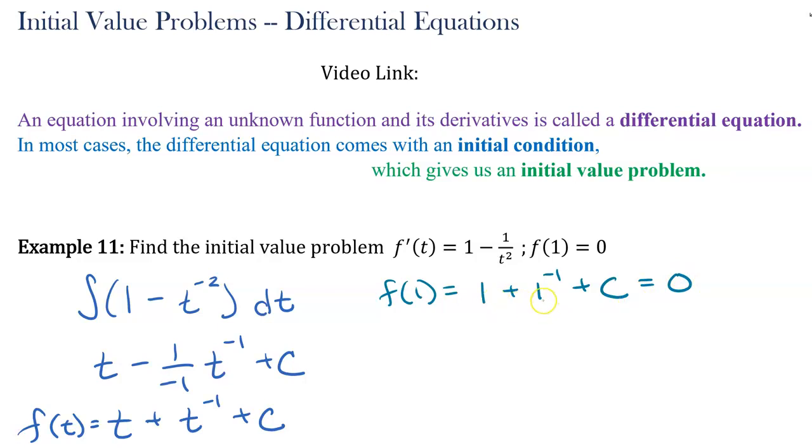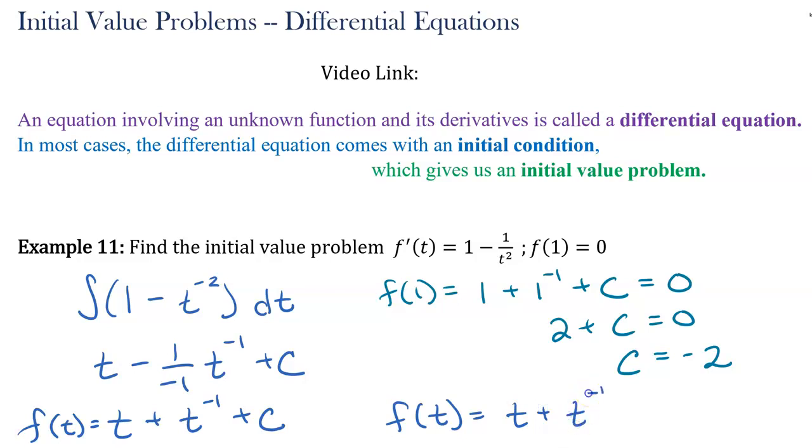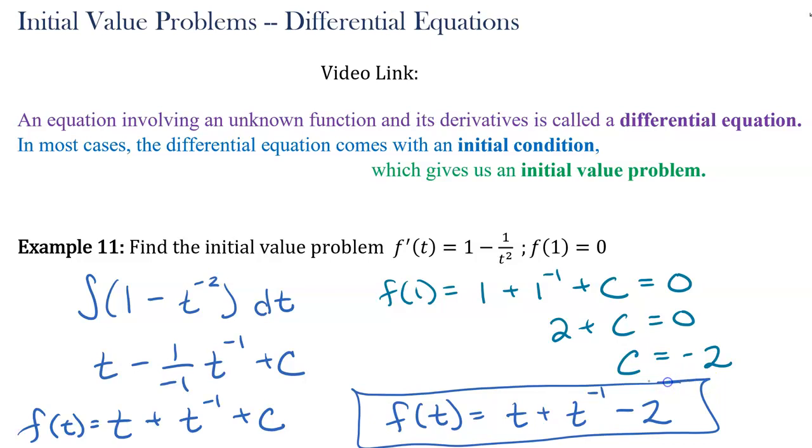So 1 to any power is 1, so 1 plus 1 is 2, so c is negative 2. And with that information, we can have the exact original function. And there we are.